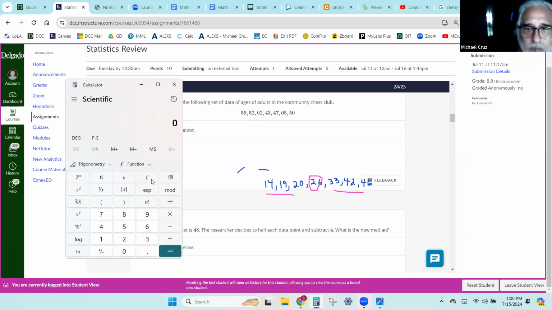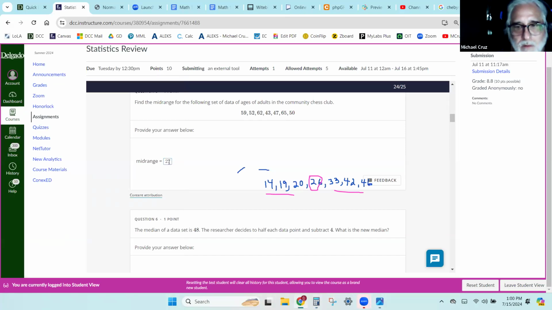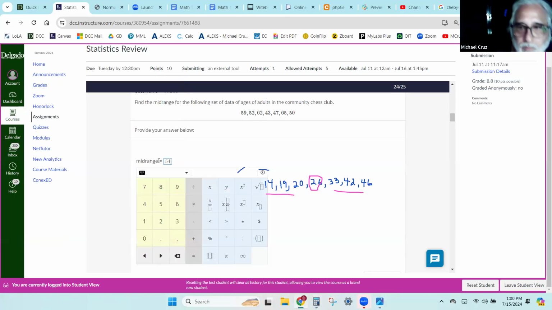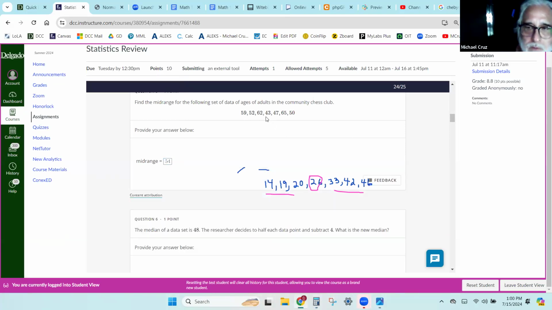Uh-oh, I think I did something wrong. Yeah, that one I got in there is wrong. 65 plus 43. I don't know where I got that other one. But it'd be the one in the middle, the midpoint.